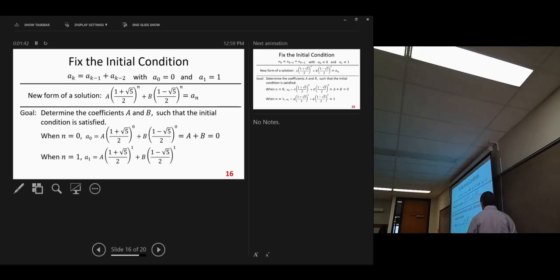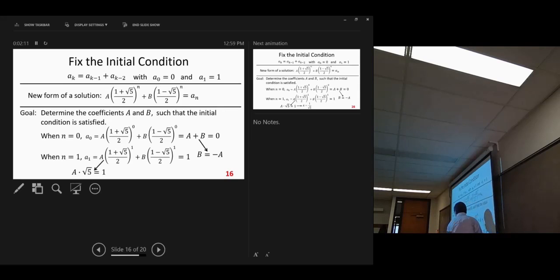Because A plus B equals 0, that means B equals negative A. Let's replace B by negative A. So we can factor that A out, then the first parenthesis minus the second parenthesis, and we can simplify it.